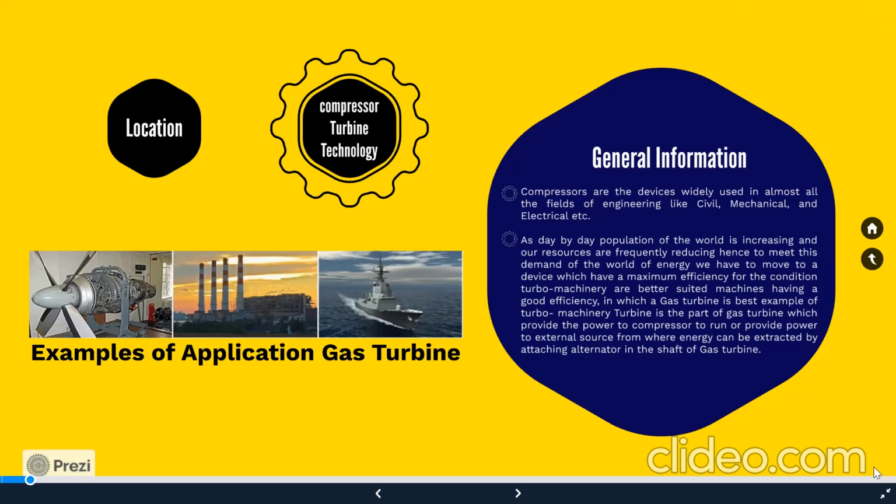Turbomachinery. Turbomachines are better suited machines having good efficiency, in which a gas turbine is the best example of turbomachinery. The turbine is the part of the gas turbine which provides the power to the compressor to run, or provides power to an external source from where energy can be extracted by attaching an alternator to the shaft of the gas turbine.